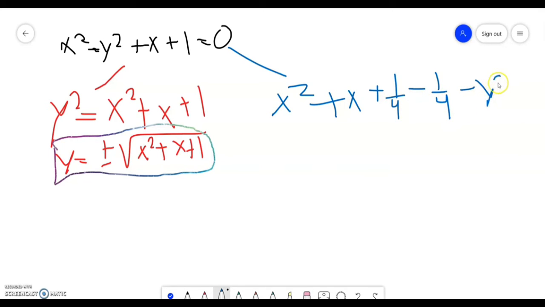minus y squared plus 1 to be equal to 0.